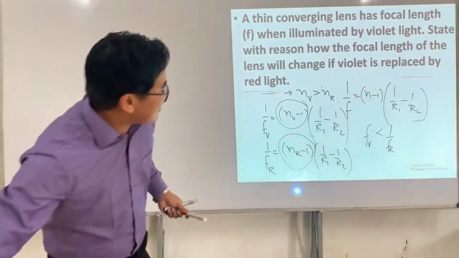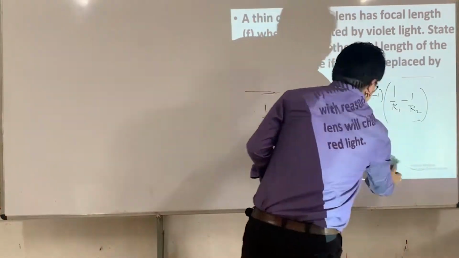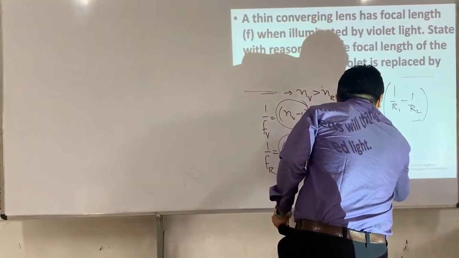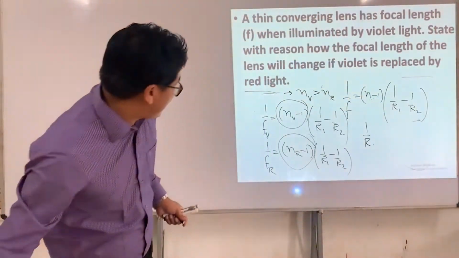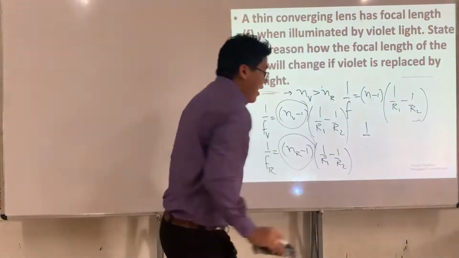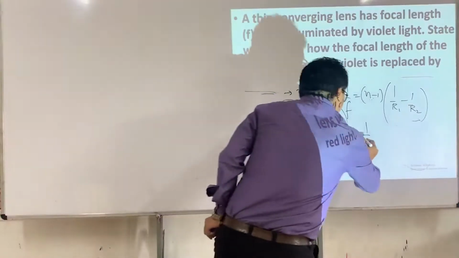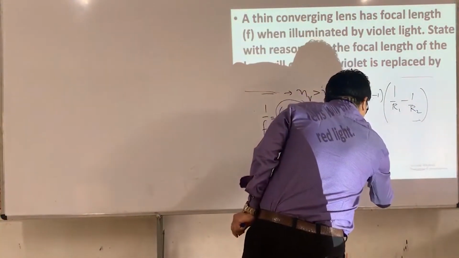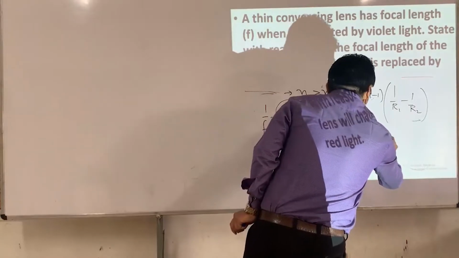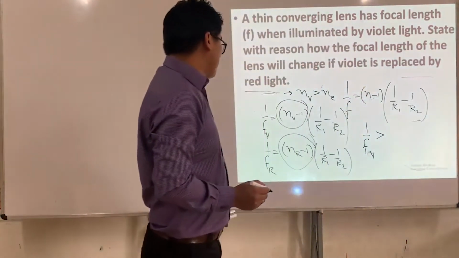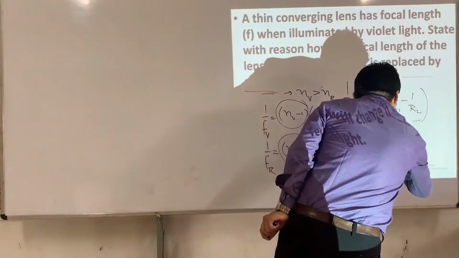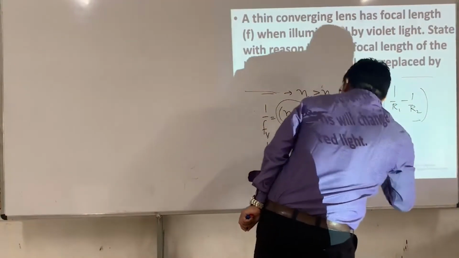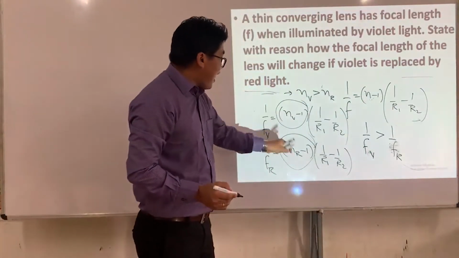If not, look at here, I can write something like this: 1 by FV is more than 1 by FR. Why? Because NV is more than NR.